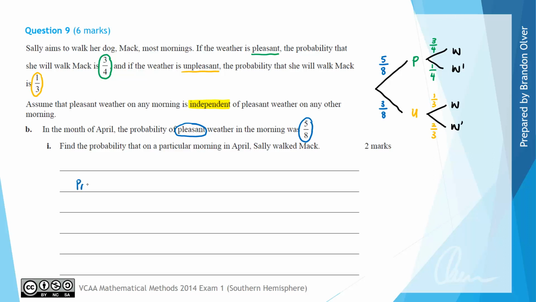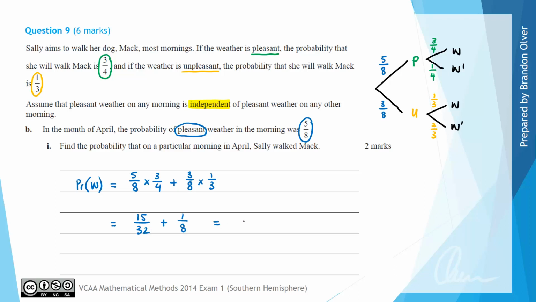So the probability that Sally has walked her dog Mac on any morning in April is going to equal the two branches of the tree diagram that lead towards walking, which is 5/8 times 3/4, plus the 3/8 branch multiplied by 1/3. Evaluating this, 5 times 3 is 15/32, plus 3 times 1 over 8 times 3, which is just 1/8.